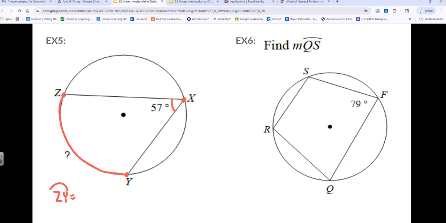It is going to be half of its intercepted arc. So if this is 57, the arc is going to be 57 times 2, which is going to give you 114 degrees. The arc is always going to be bigger than the inscribed angle.